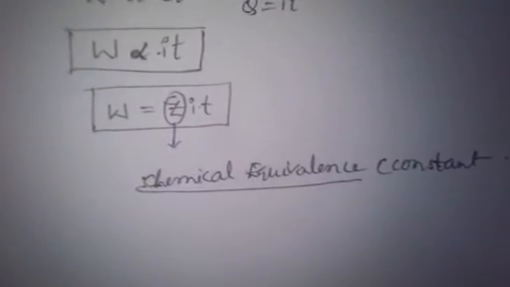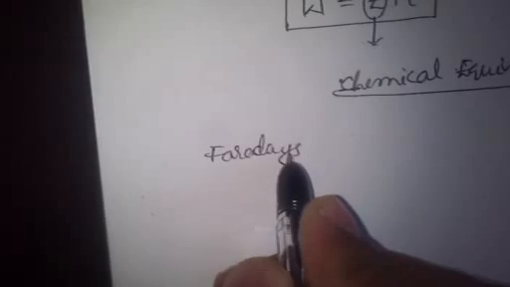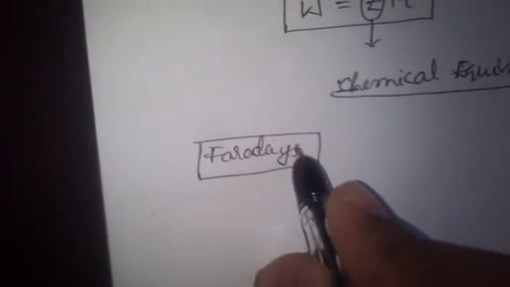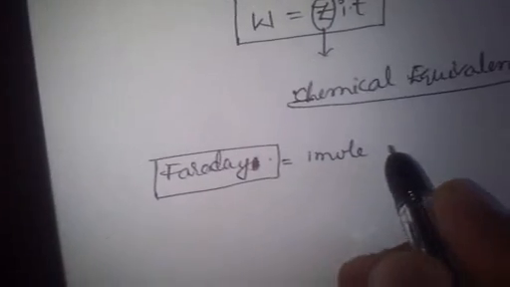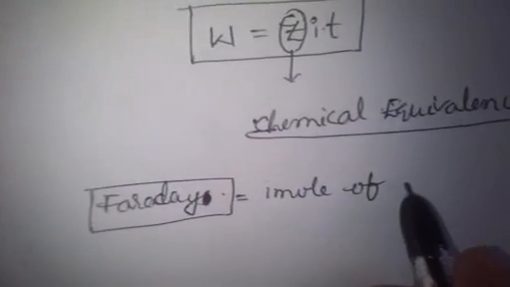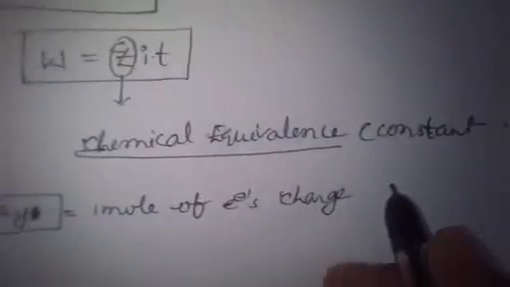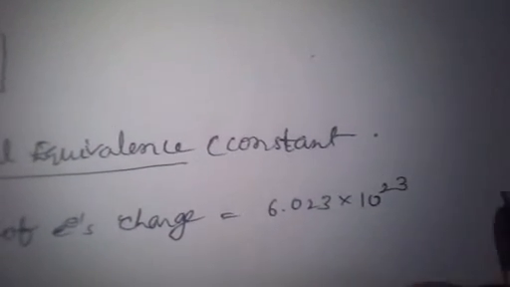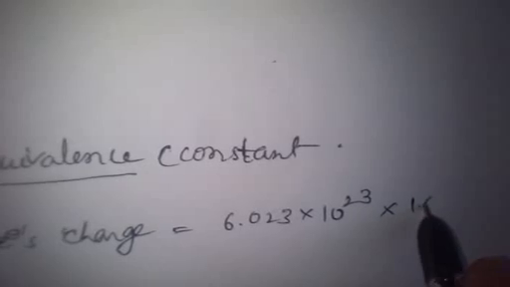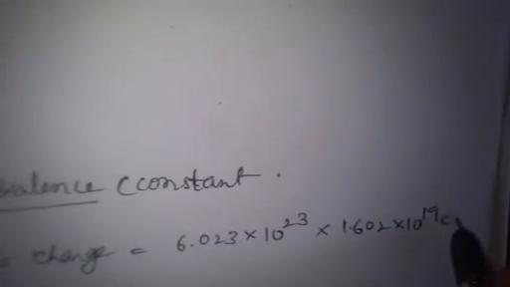Now, before going to this, we have another term, that is Faraday. Faraday is equal to 1 mole of electrons' charge. We know 1 mole means 6.023 into 10 to the power of 23, and 1 electron's charge is 1.602 into 10 to the power of minus 19 coulombs.